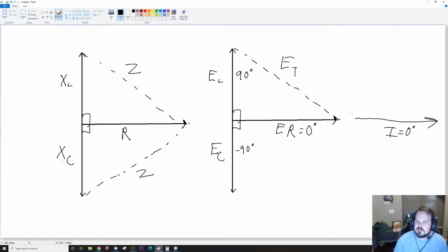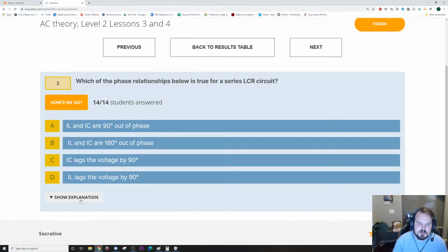So IL is at 0 and EL is at 90. So IL is 90 degrees behind EL, so it's lagging by 90 degrees. Oh, nobody put that one. Everybody was like, nah, that can't be it.